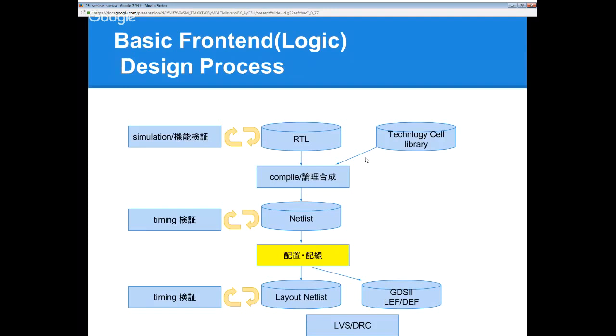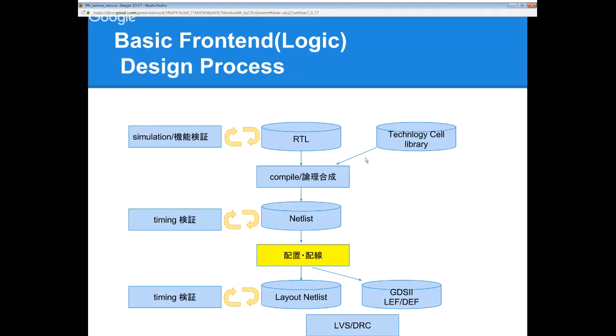So the logic designer does a simulation, describes RTL to represent some function and verifies the function with simulation. And then he compiles the RTL and gets the netlist. And with the netlist, we can do some delay simulation to check the function. After that, if it works fine, we will do place and route to place each cell.